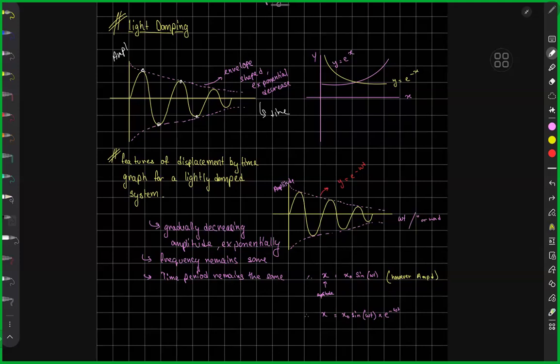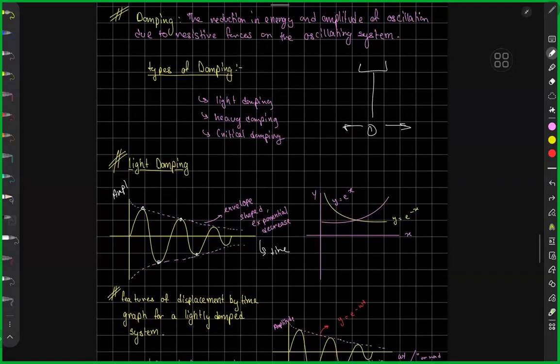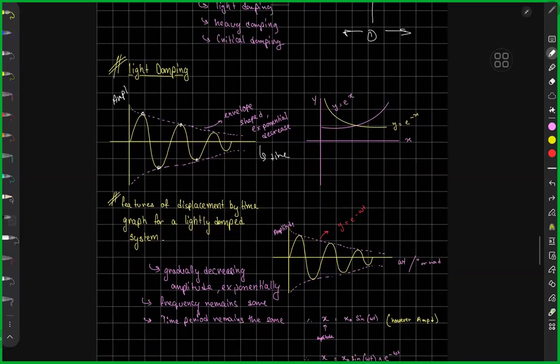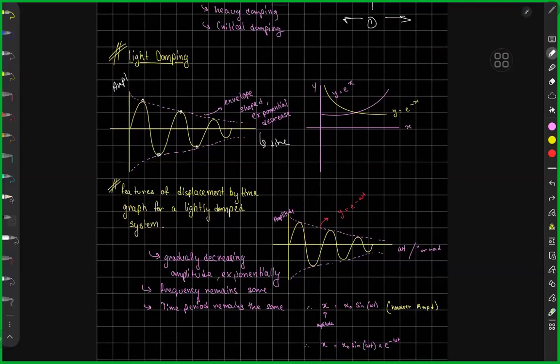So it is a way where oscillations are repeated several times with less and less amplitude. So this is one damping, that is light damping, where oscillation doesn't immediately come to a stop, but gradually comes to a stop.